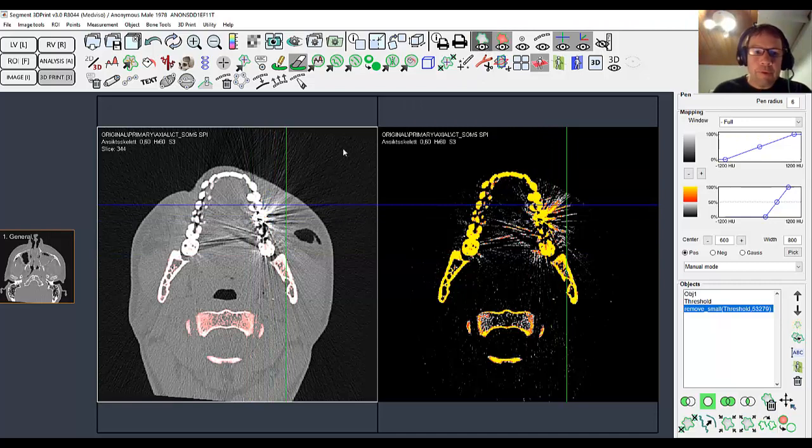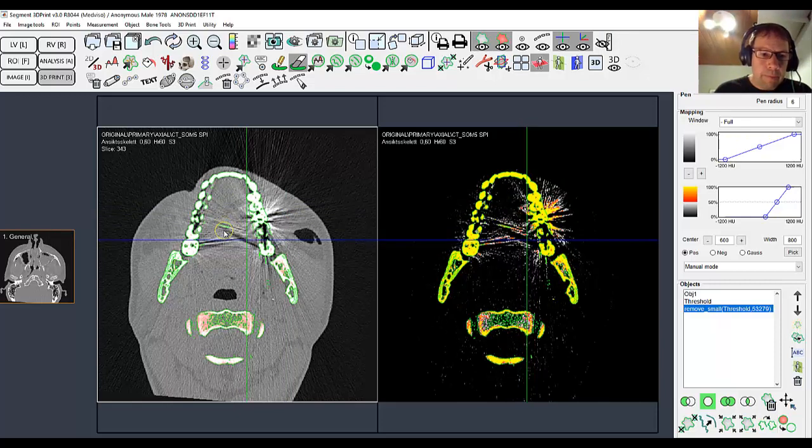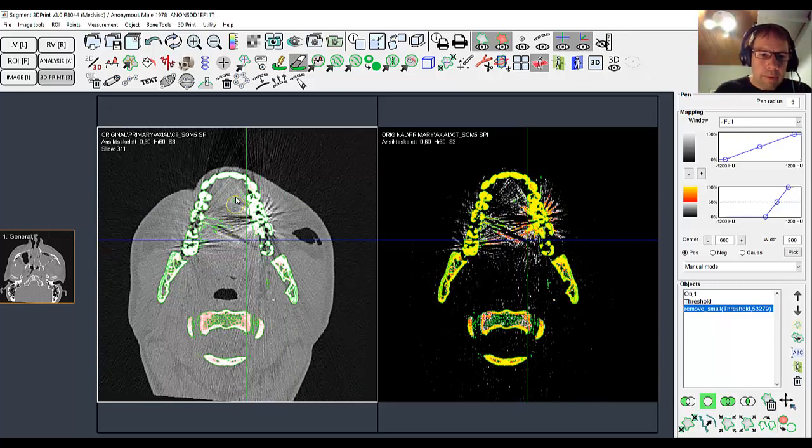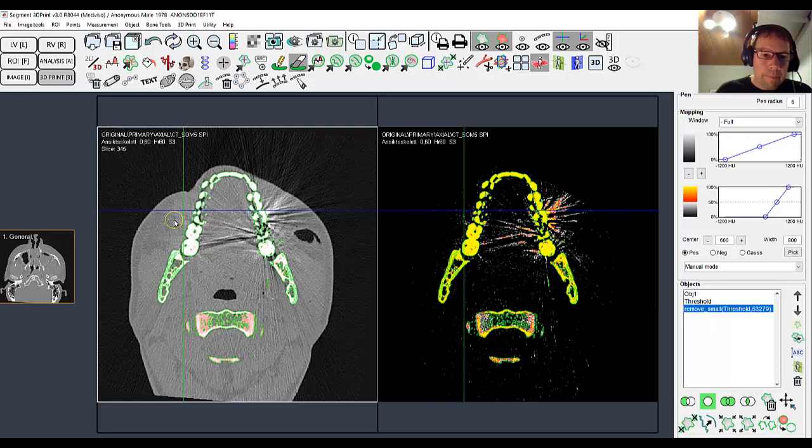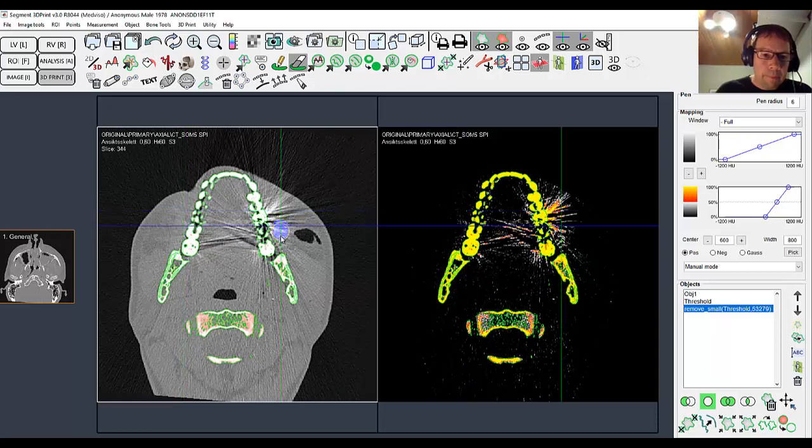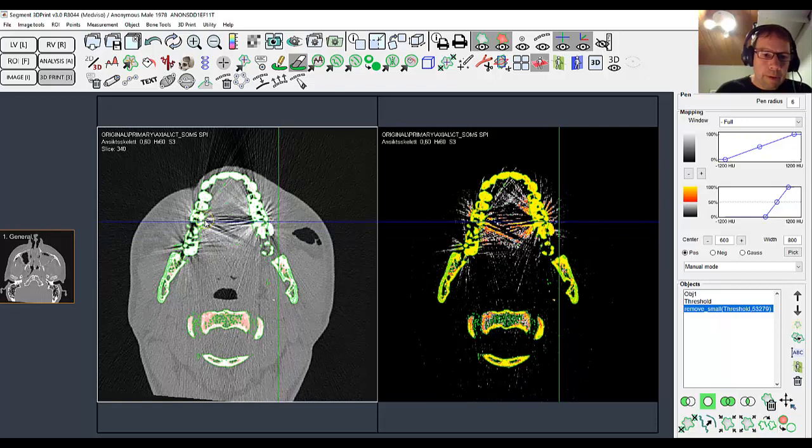Sometimes it helps if I put the contours on. It's easy for me to see. Up again.